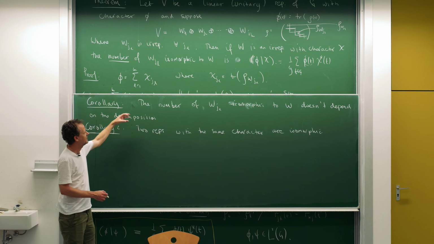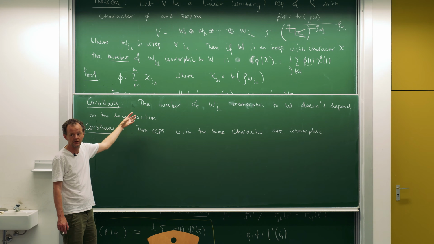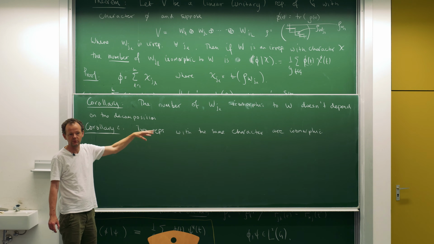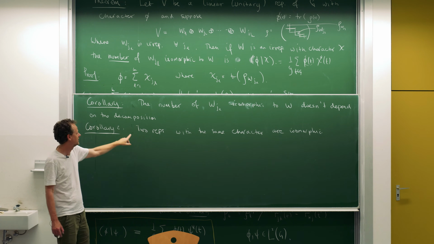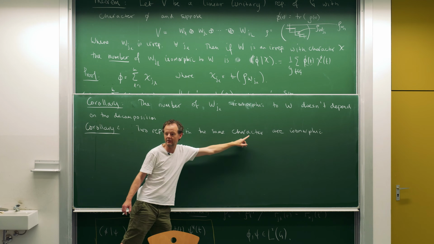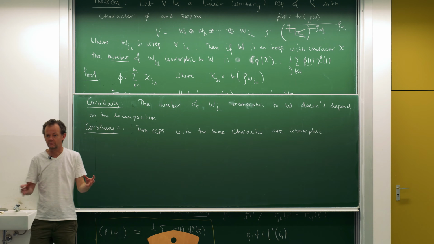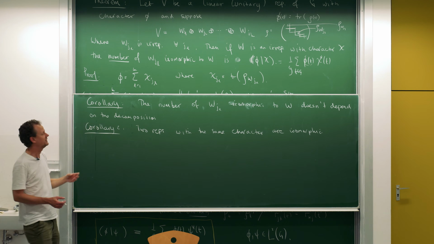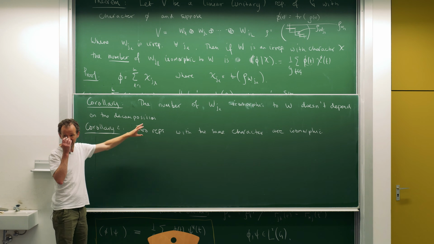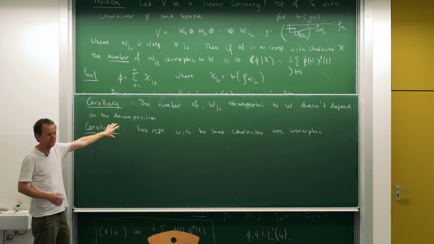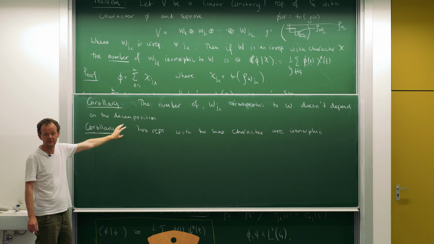So the character has that information inside it. And either you have the irreps appearing the same number of times, or you don't. If you have them appearing the same number of times, then they're going to have the same character. And if they don't, then they're different representations. So these two statements almost don't even require proofs, but they've just given us a powerful technique to work out if two reps are the same or not.